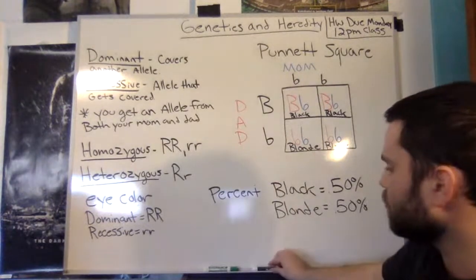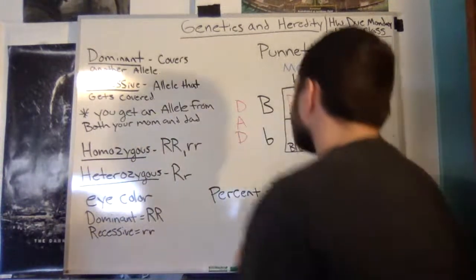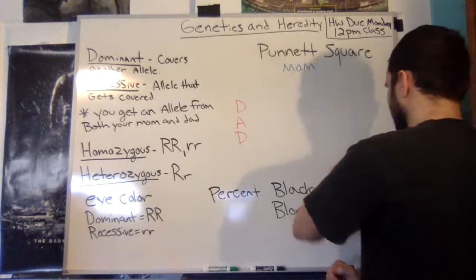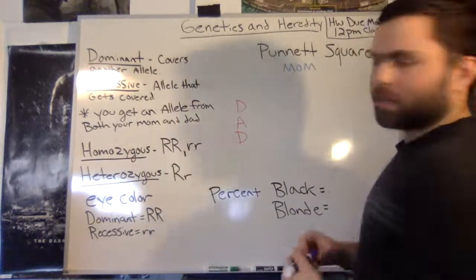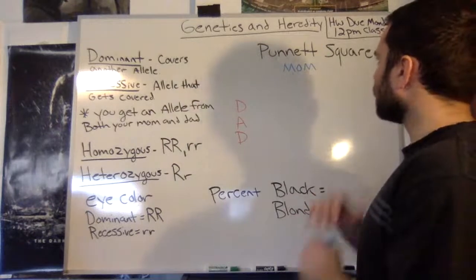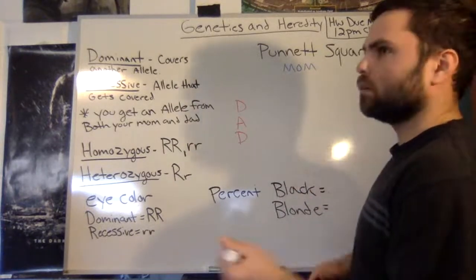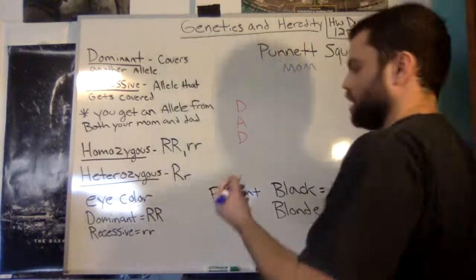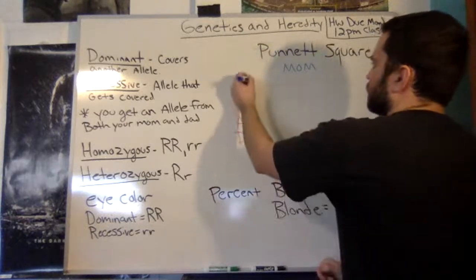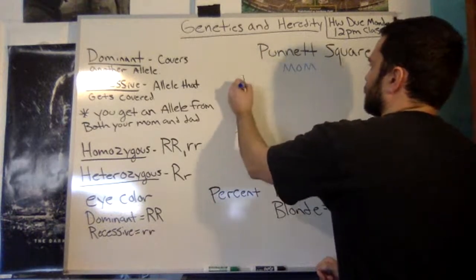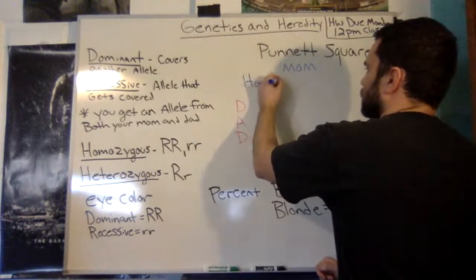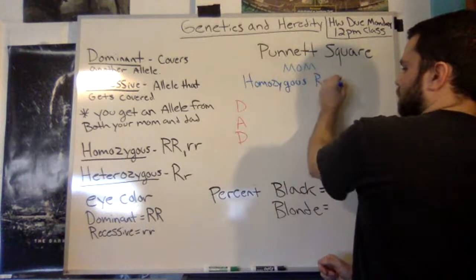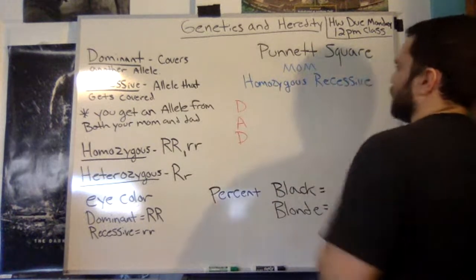Okay? So I'm going to give you guys a problem now. And I want you guys to try. Let's say for this, we're going to do one more and then we'll call it. Let's say that for mom, she has homozygous recessive, okay?